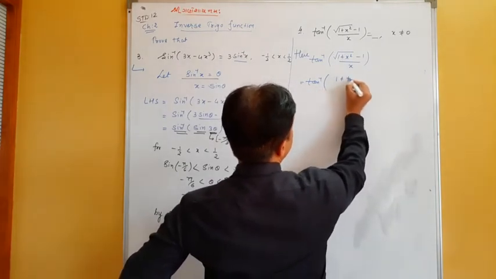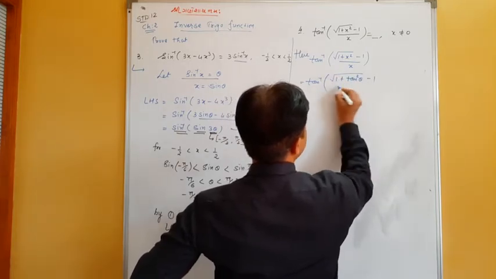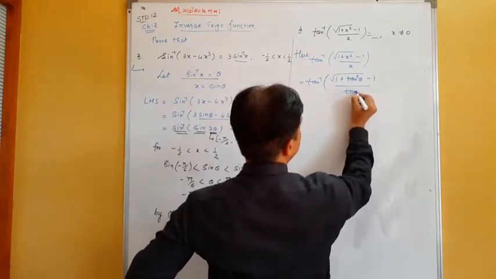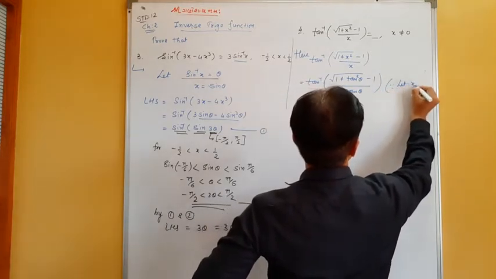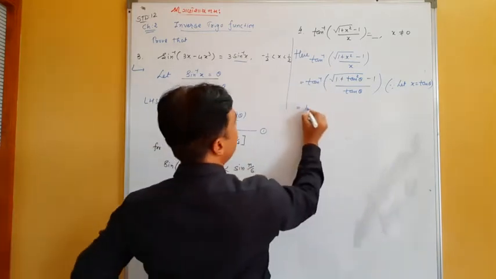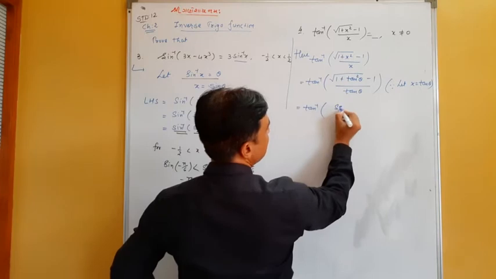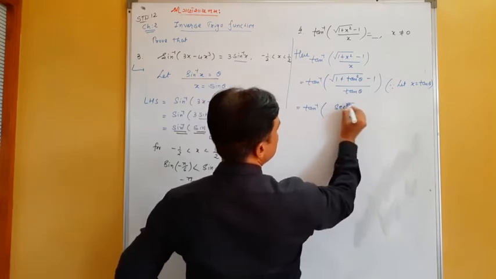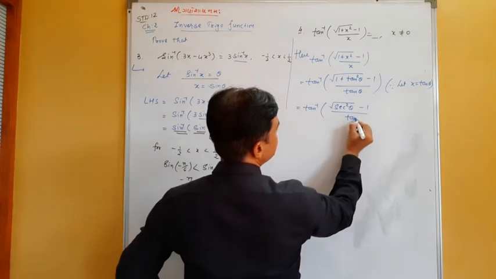So let x equal tan θ. So tan inverse of (√(1 + tan²θ) - 1)/tan θ. Now 1 + tan² means sec²θ under root, minus 1, over tan θ.